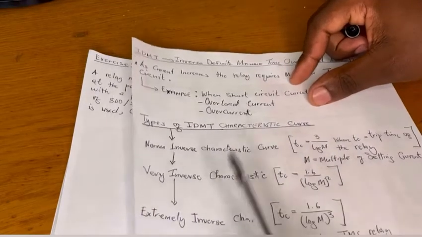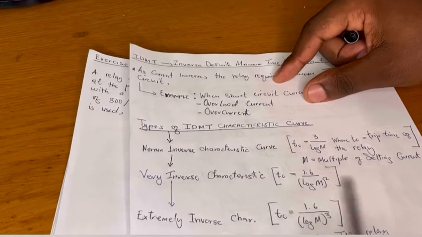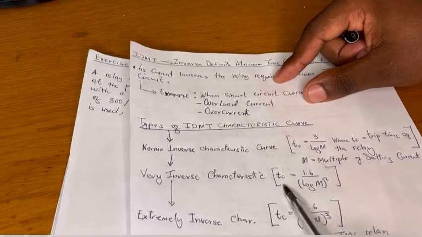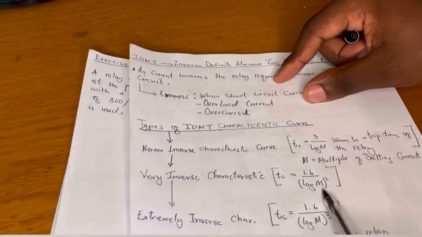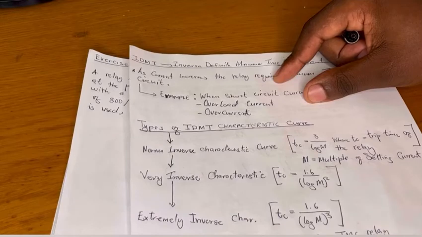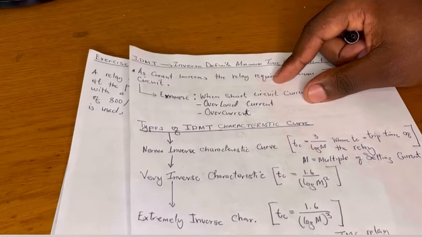And we also have the very inverse characteristic curve. It has its own formula of TC equals 1.6 divided by log M all squared. The M still stands for multiples of setting current, and TC still stands for tripping time.